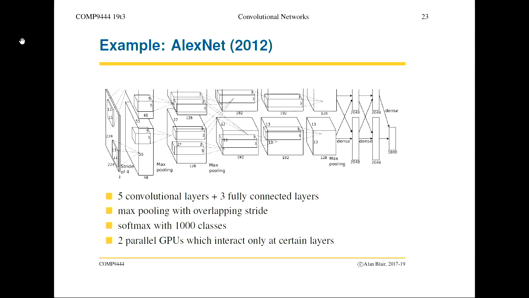Then the first set of filters are 11 by 11, and you have 48 of those filters, and then you have 128 filters that are 5 by 5, and then you do max pooling, and so on. Everything's just on a much bigger scale.